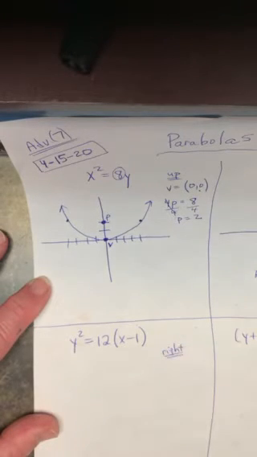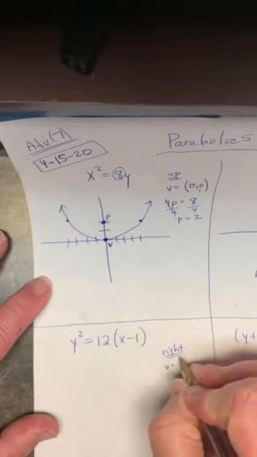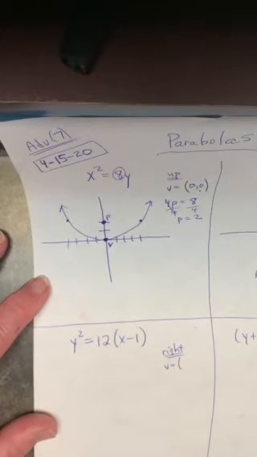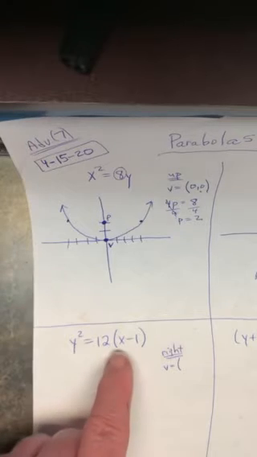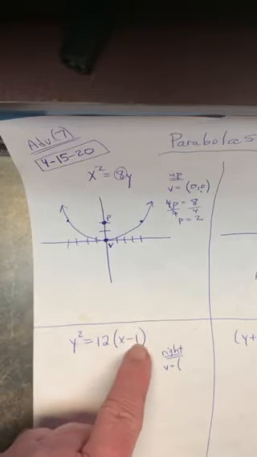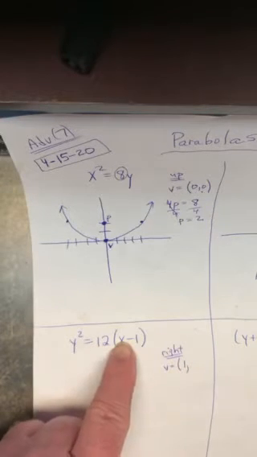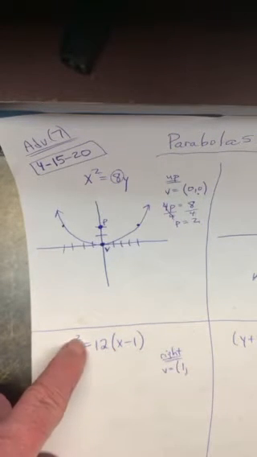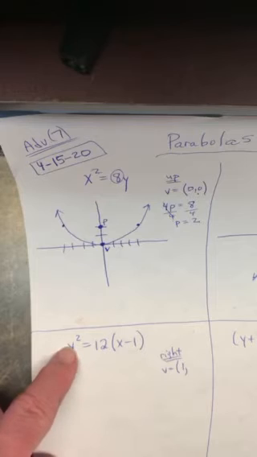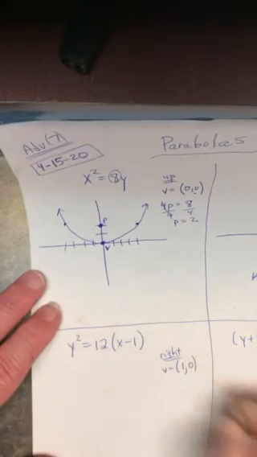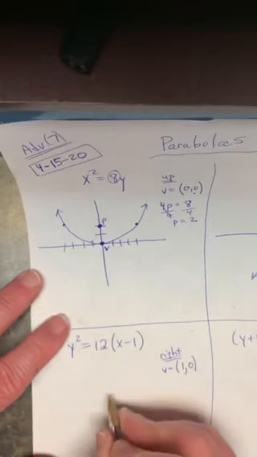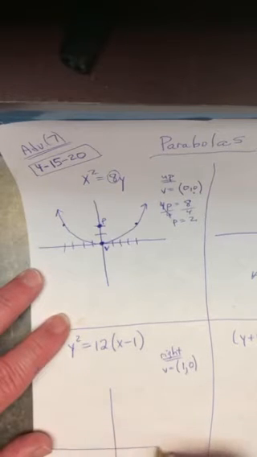So this is a parabola opening to the right, whose vertex is at, okay, now careful, it says x minus 1. So my x coordinate is what? 1. And since it's just good old y squared and there's no number attached to that y, my y coordinate's 0. Agreed? So I'm about to draw a parabola whose vertex is at 1, 0.